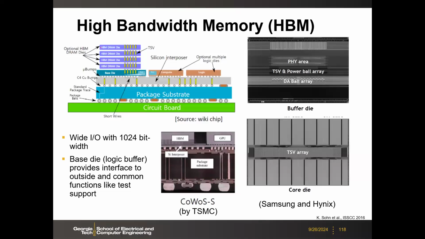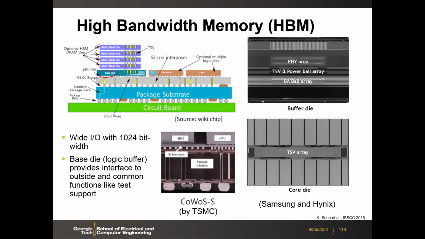You have many DRAM dies. Those DRAM dies are 2D DRAM dies, so each individual die is like a conventional DRAM die in a 2D fashion. But then we can stack many of them by this TSV and micro bump, as we discussed in the last lecture. The key feature is that underneath this HBM stack, there is a base die, which is a control logic die.